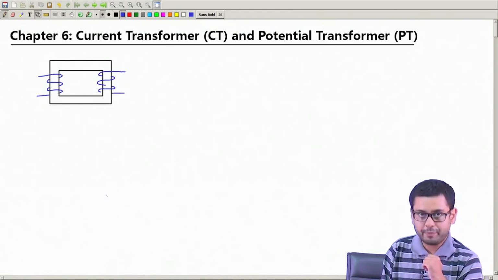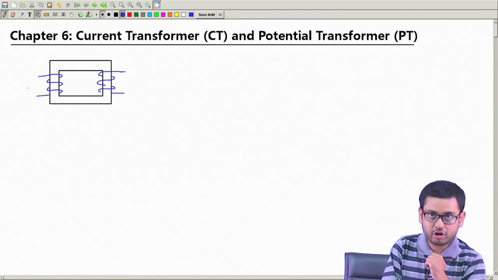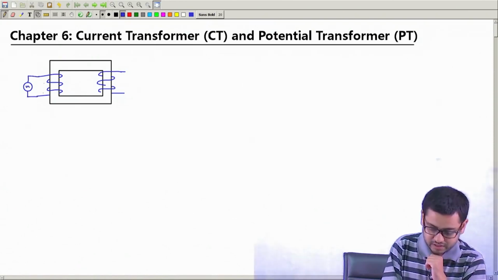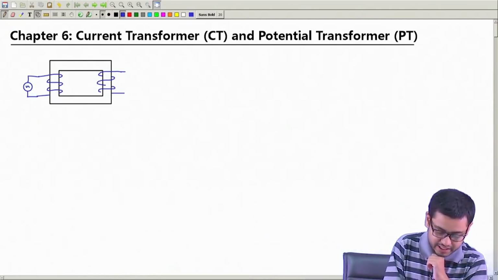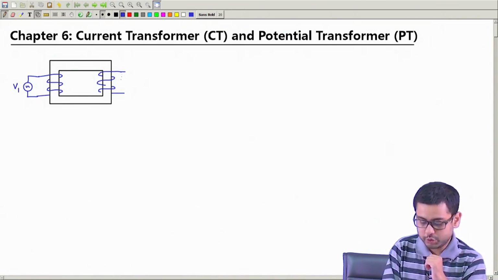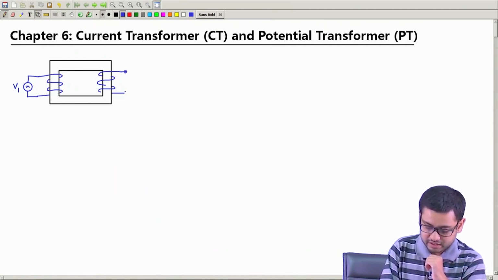Now if we apply an alternating voltage, AC, in one of the coils and call this voltage V1, then we know that a voltage is induced in the other coil, which we call the secondary coil. If this is the primary coil, then this is the secondary coil, and here we will get some voltage.